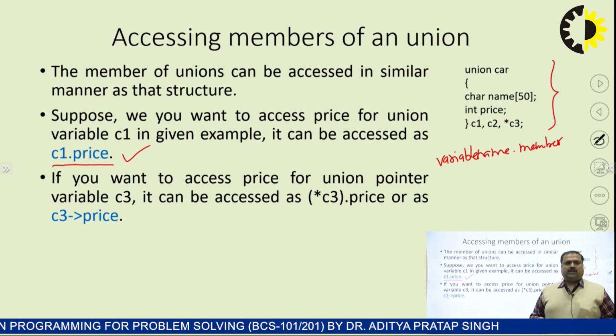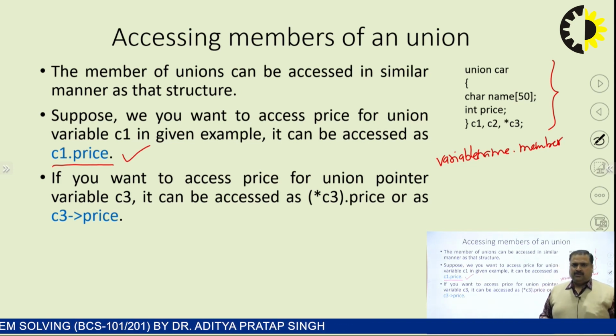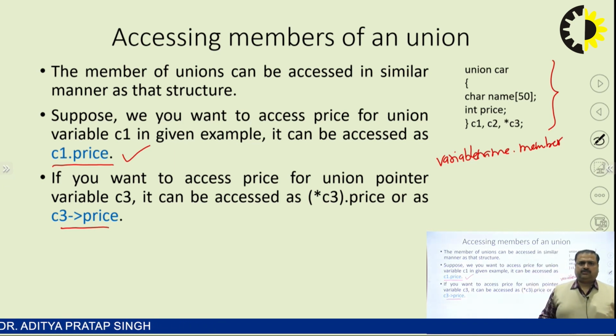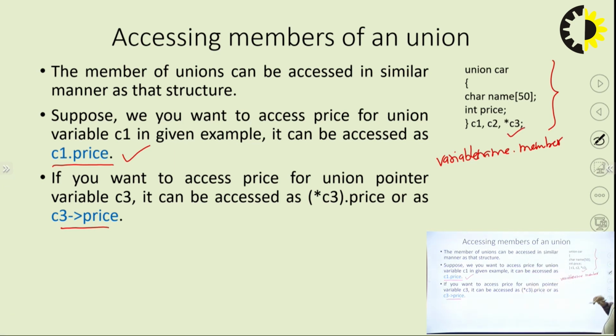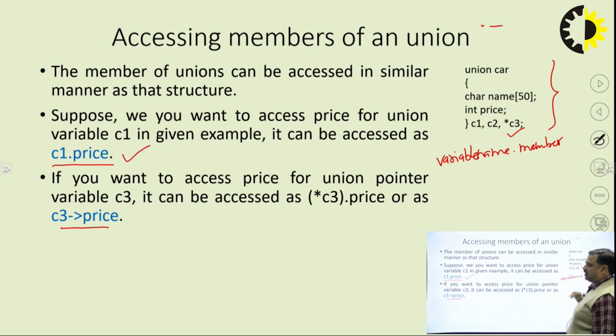If you want to access the price of a union through a pointer variable, it will be an arrow operator. So c3 is a pointer type, and we need to access the members using c3 with an arrow. So what we understood is that the dot is used for a normal variable, and the arrow is used for a pointer variable.